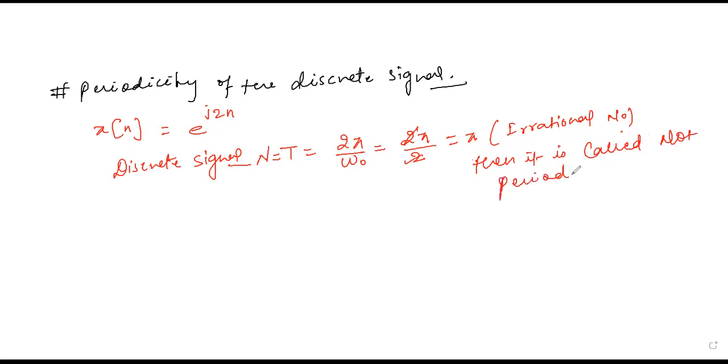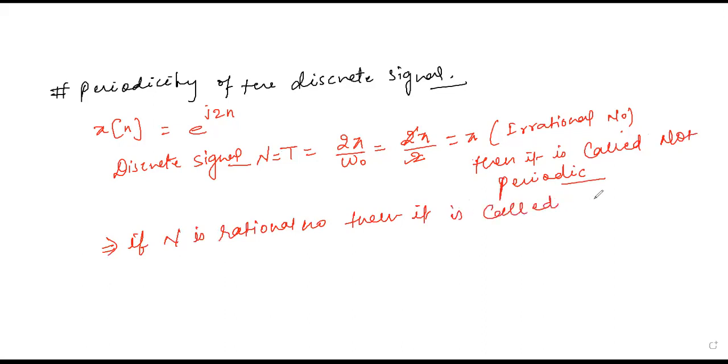If N is a rational number, then it is called periodic.